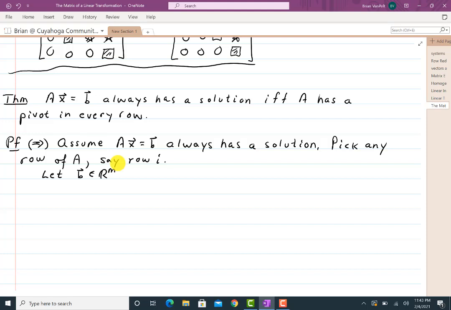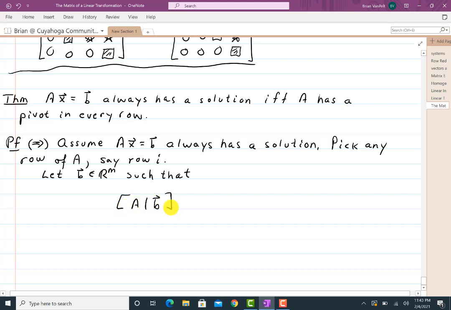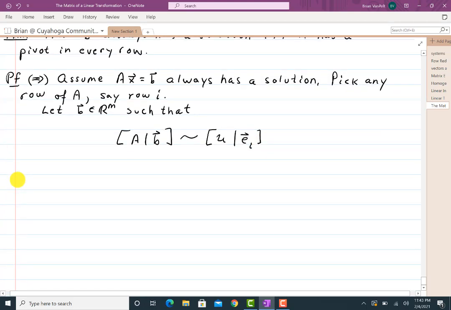So anyways, I want to let B be in Rm such that if I start with the augmented matrix A slash B and I perform row operations to get to U slash EI, then B is that vector such that it ends up having a 1 in the ith spot and zeros everywhere else.